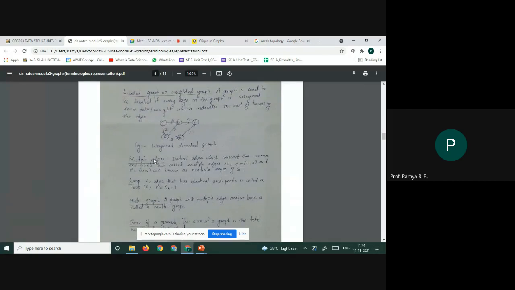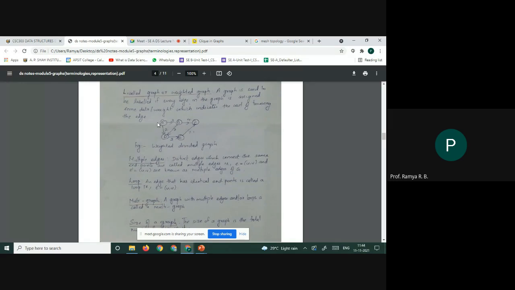Now, what do you mean by multiple edges? Another important terminology. Multiple edges means there are multiple edges for you to traverse from one node to another node. Say you have a path like this, A to B. Apart from this path, you have one more parallel path running from A to B. Then that is called a multiple edge.